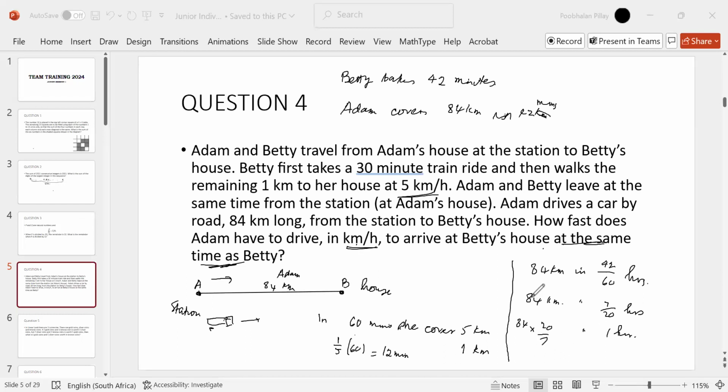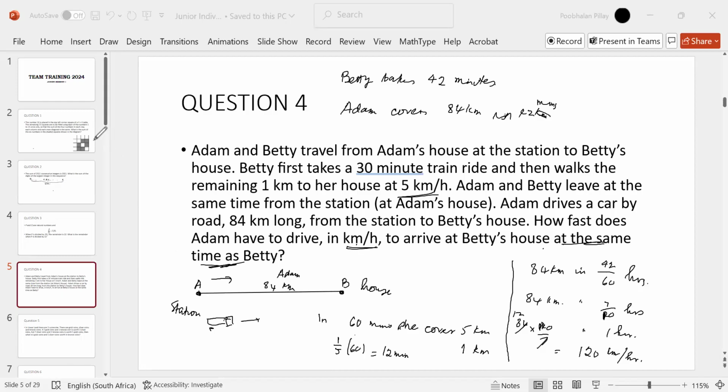So you have to multiply this by 10 over 7 to get 1 here. 10 over 7 will give you 1. That 7 goes into 84 12 times. So that's 12 times 10. So it's 120 kilometers in 1 hour. That's kilometers per hour. Okay.